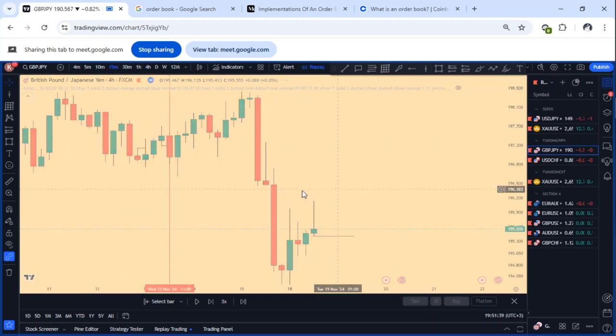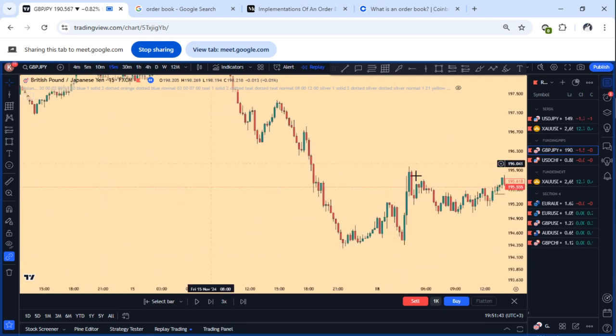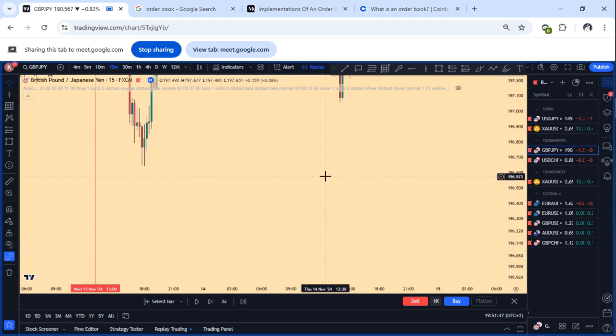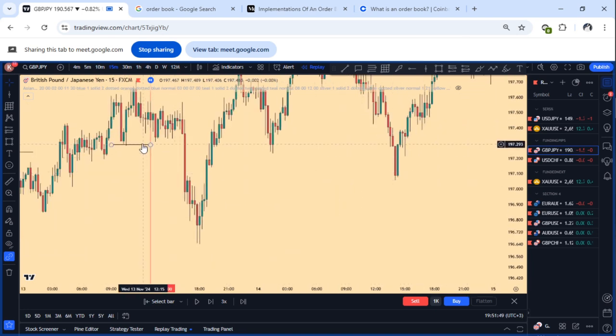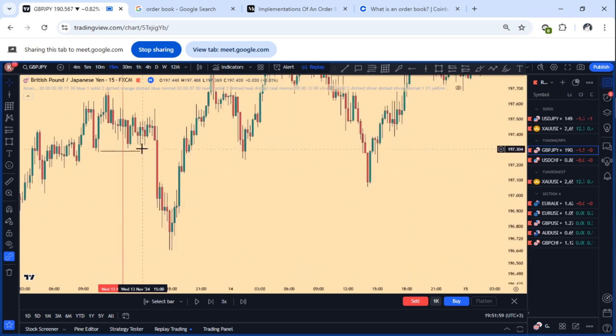15 minutes. Where was it traded? Now you can see, even if we shift this thing, after raiding, what happened? It went deep. So at that particular point, it is up to you to choose. I don't like taking such trades.